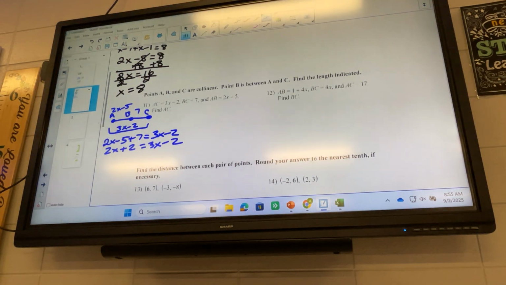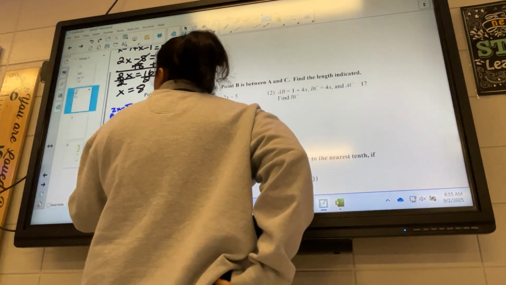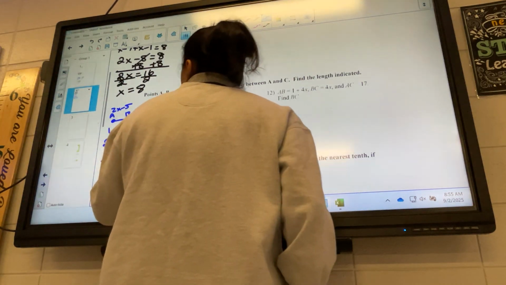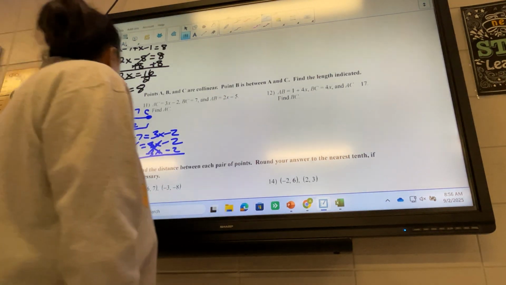We're going to move our letters to the left and the numbers to the right. Who needs moved? 3x and 2. A minus 3x and a minus 2. So I get 2x minus 3x is going to be a negative 1x.